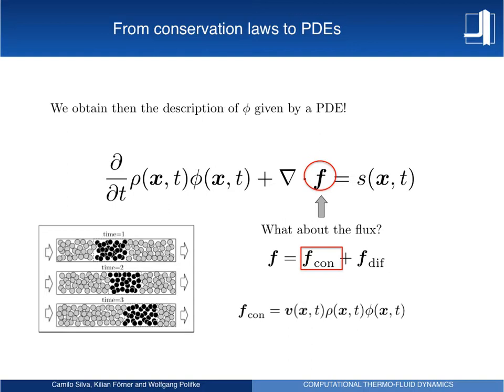Imagine you have many particles, particles of a given molecule, and here a different one, and then at different times you have these particles being transported with a velocity v, and this is what we call the particles being convected. So this is the convection, and this is the mathematical representation of this flux.